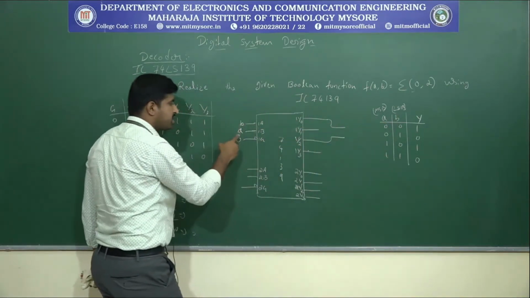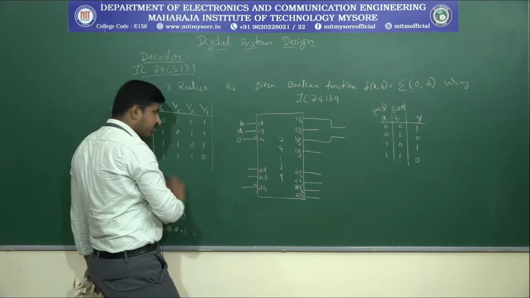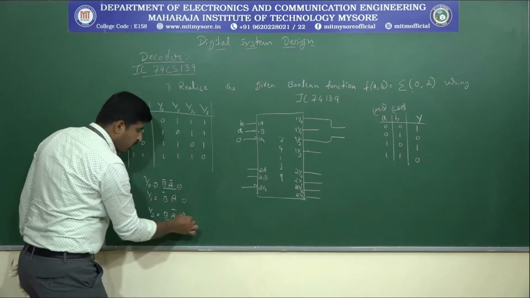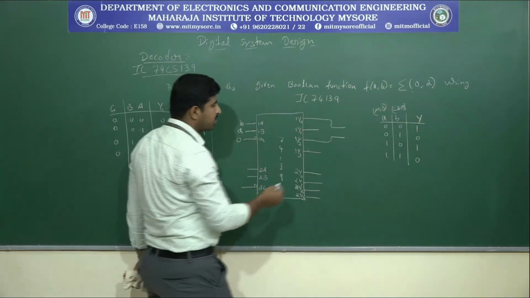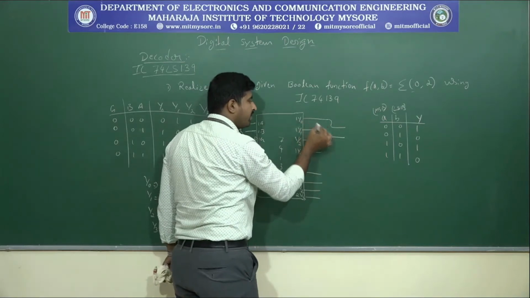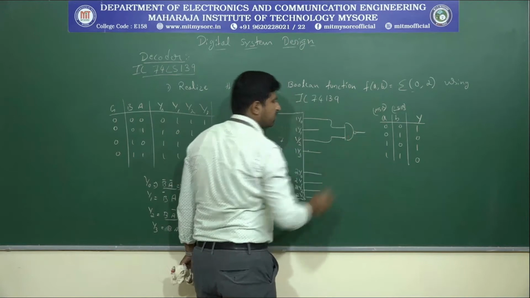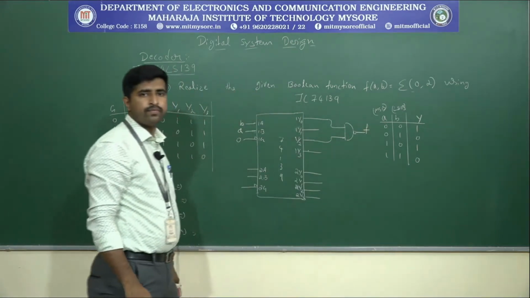Since we are giving the connections A to B and B to A, automatically the interconnections will be taken care of here. Okay, so connecting the 0 and 2 will lead to this function. So here we are going to connect these two NANDed together, and thus we are going to get the given function f.